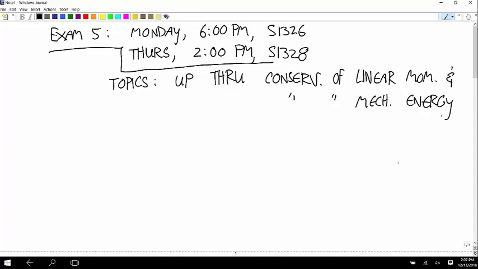That was a mistake, so I need to correct that. We didn't do elastic collisions, we only did inelastic collisions. But let's do one like that with an inelastic collision. So there's no elastic collisions.